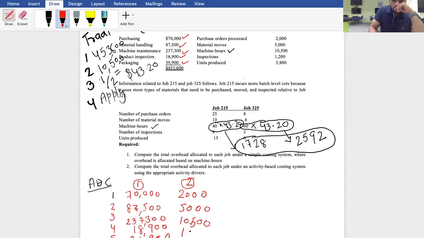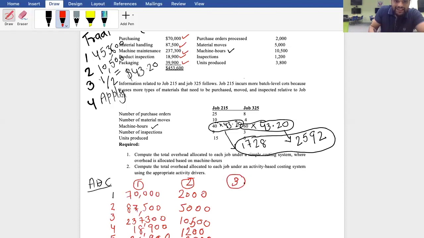Next is 1,200. And the last one is 3,800. All right. So now we move on to step three.